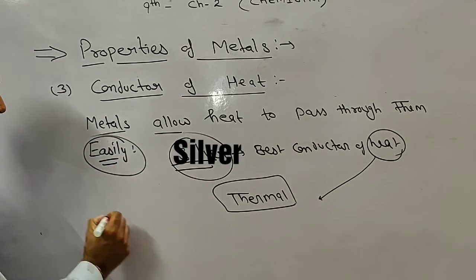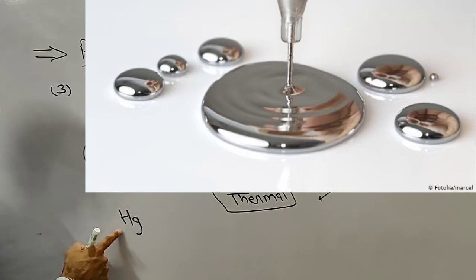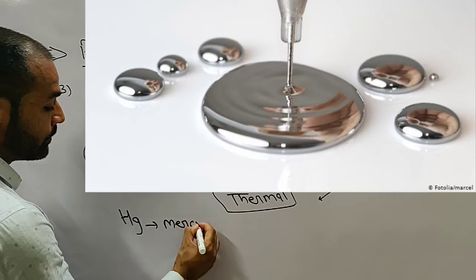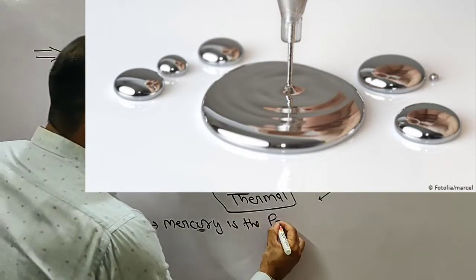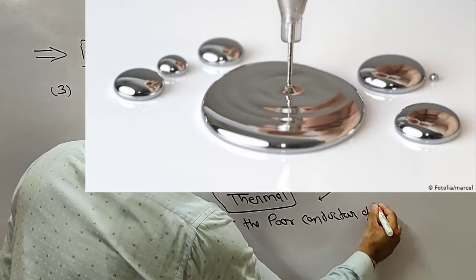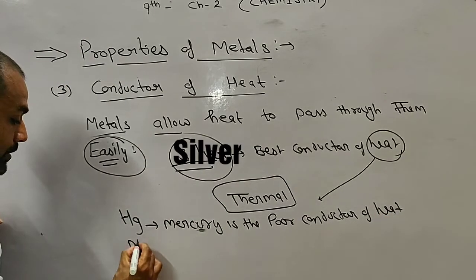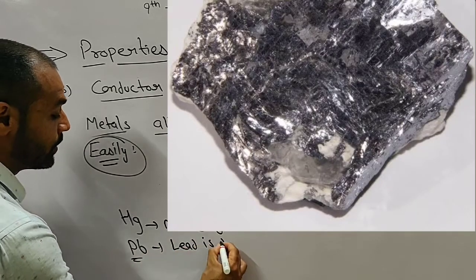That is mercury, this is the symbol of mercury. Mercury is a poor conductor of heat, as well as lead. Lead is denoted by Pb. Lead is the poorest.